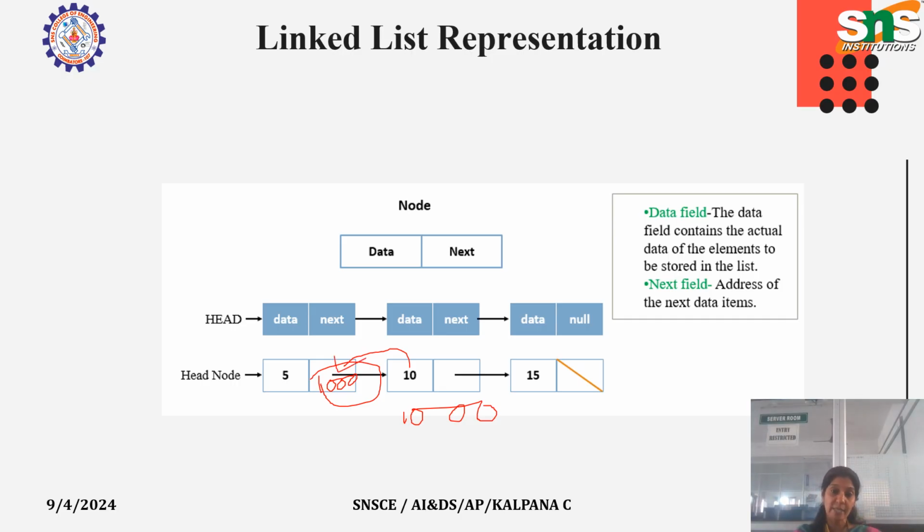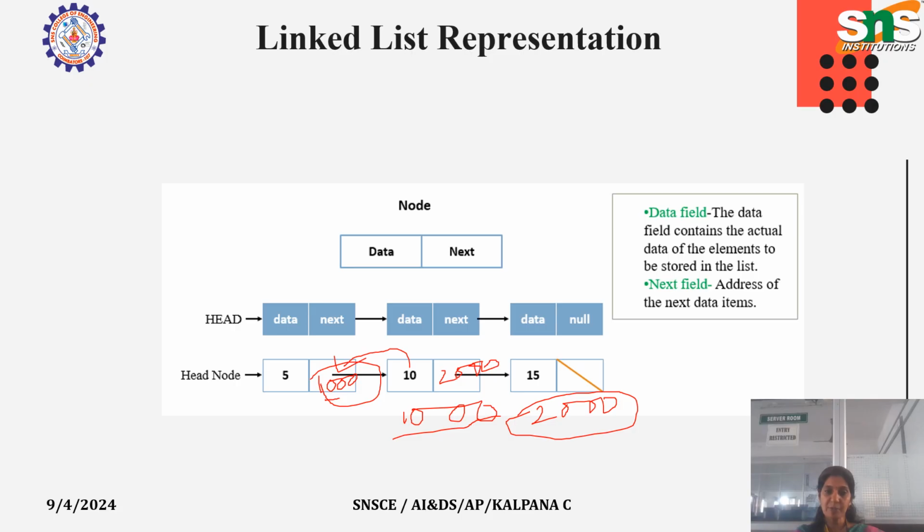Here the address of 10 is 1000, for example, I have written here. So that address will be stored after this 5. The same way, 15, for example, is stored in the 2000 memory address. So this 2000 will be stored after this 10.